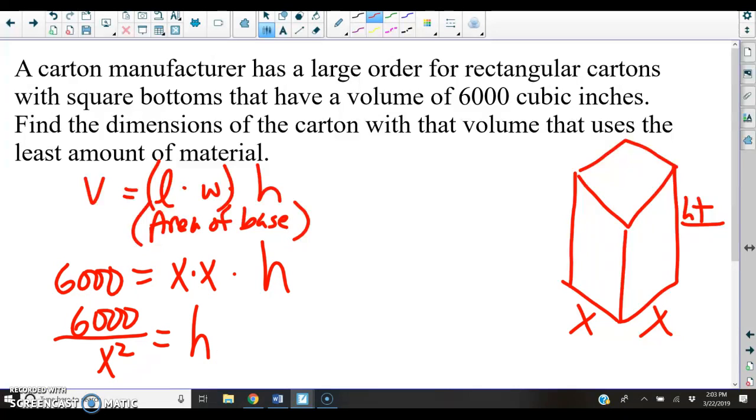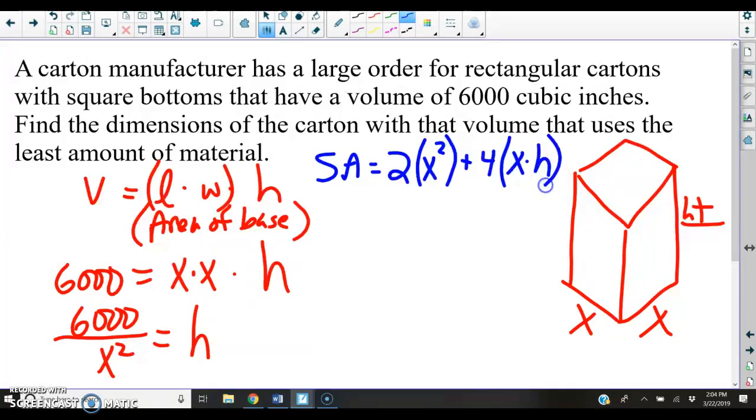Okay, now we want to find the least amount of material. Well, the amount of material is going to be your surface area. Is it not? So surface area, well, you're going to have two that are x by x. And aren't you going to have four of them that are x by h? Okay.